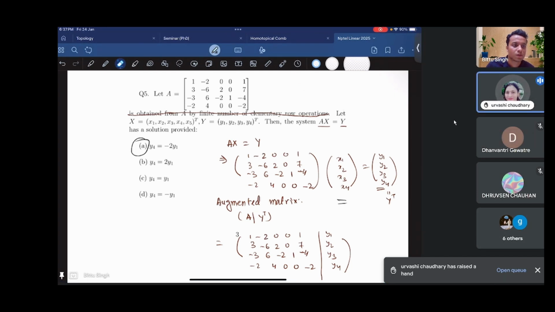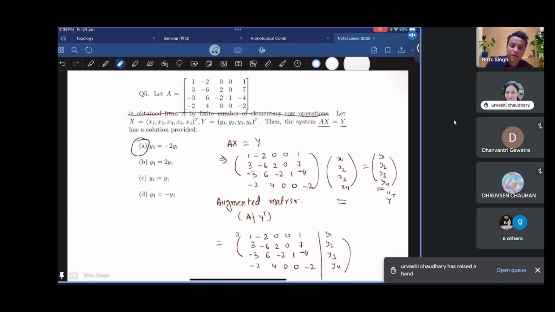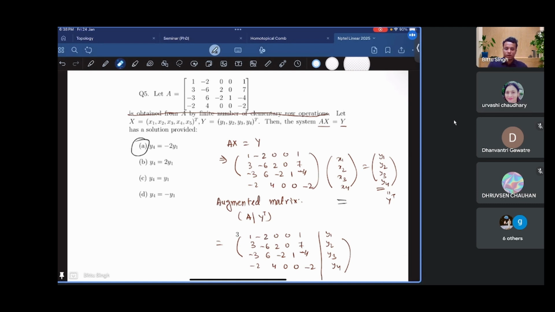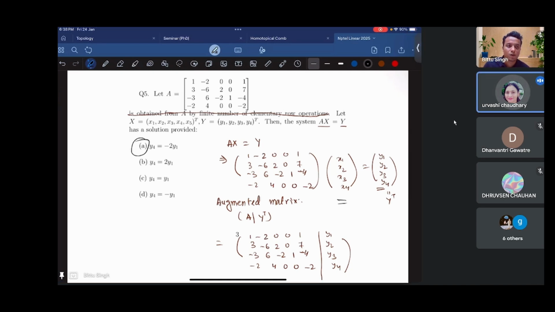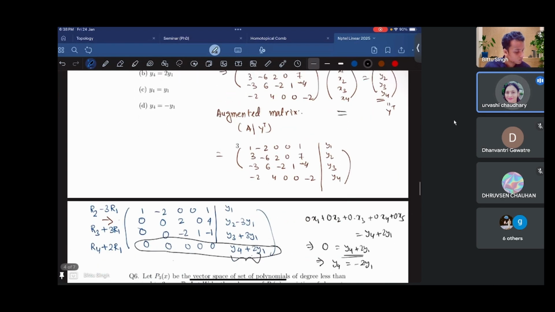Sir, if there are two rows in which all elements are zero, then what will be the answer? Suppose we are getting y2 minus 2 y1, and another row is also there, y4 minus something y1 is equal to 0.